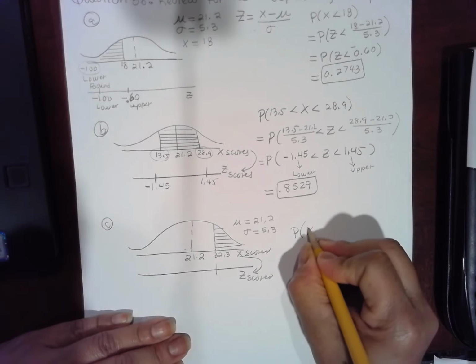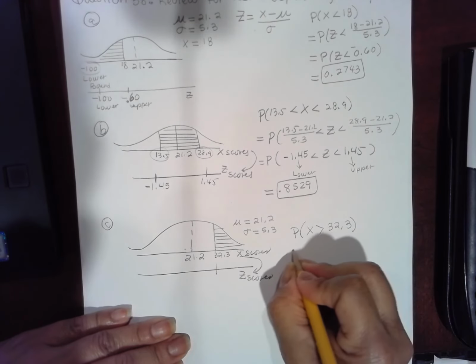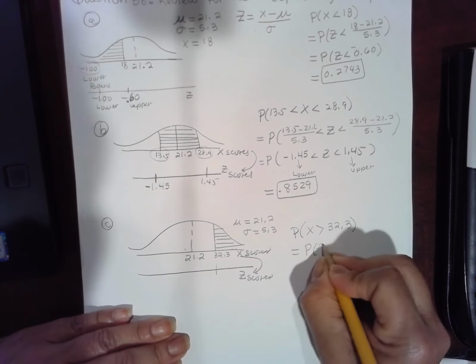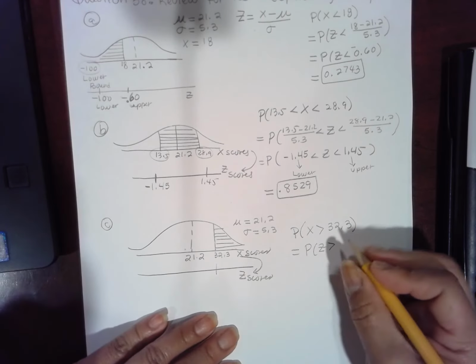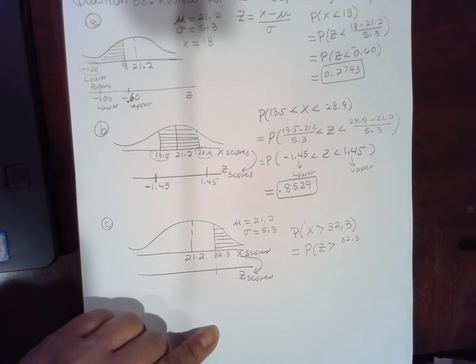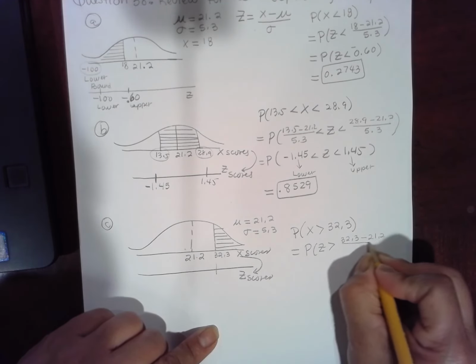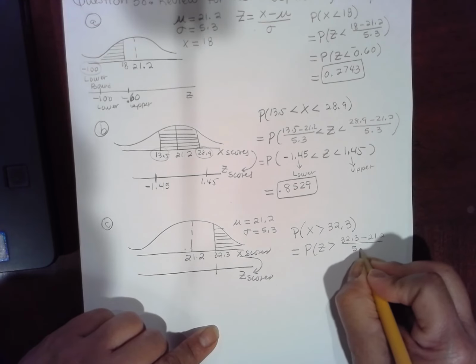So the probability of the score being greater than 32.3 is equal to the probability of the Z-score being greater than the Z-score: 32.3 minus the mean of 21.2, divided by the standard deviation of 5.3.